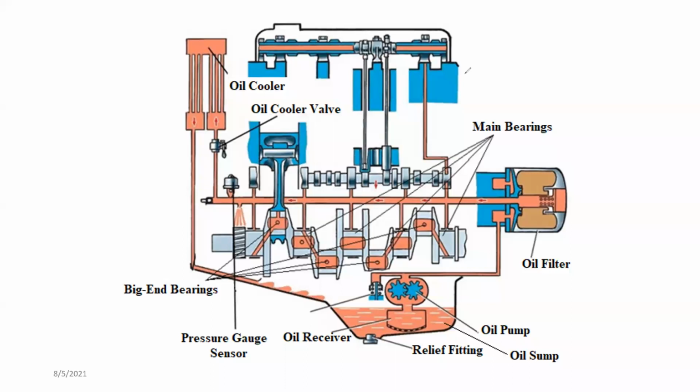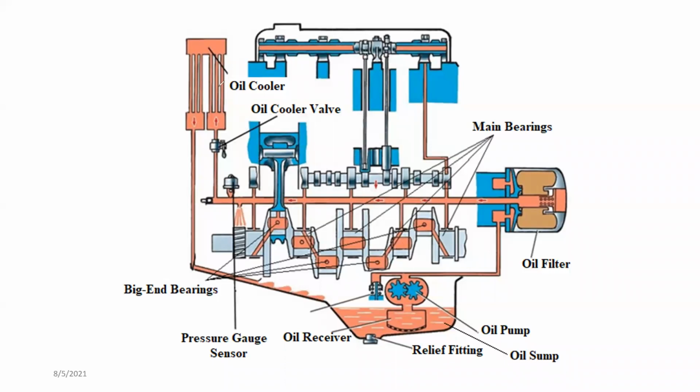The difference between this one and the previous one is, this one actually uses a separate type of pump. This one uses an external gear, but the previous one is using, I think, I can't remember.